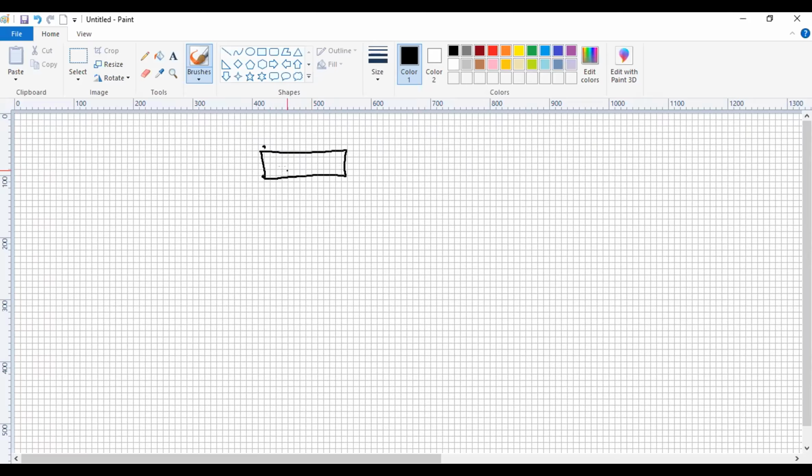So I've got a contact. This contact is something like aluminium, and this is what I'm calling the gate. So it's a metallic contact, so it's a good conductor.